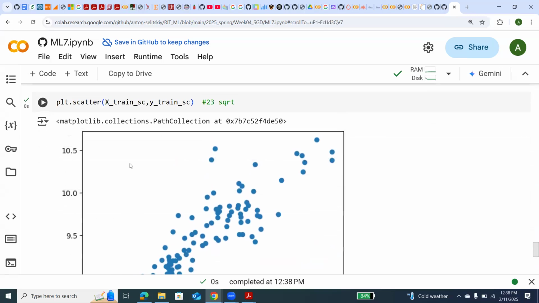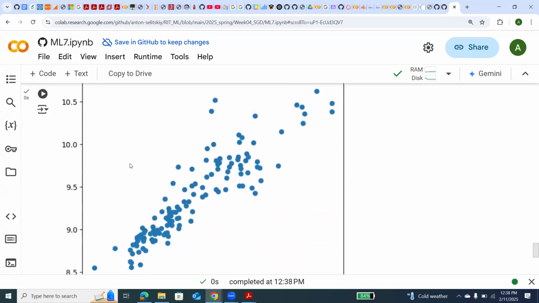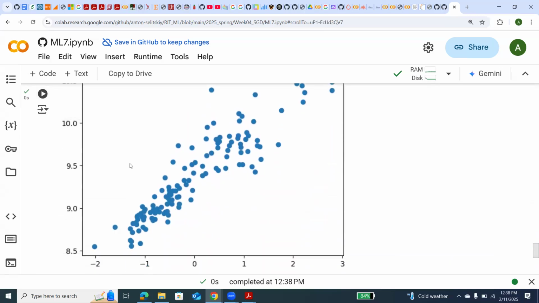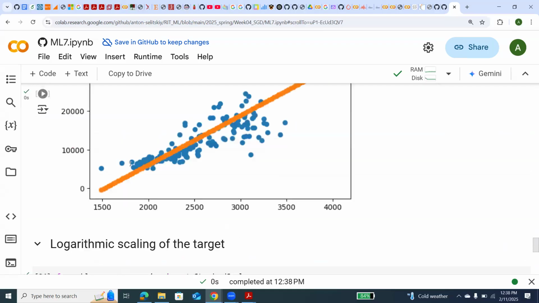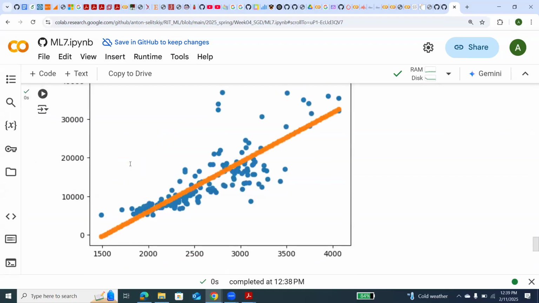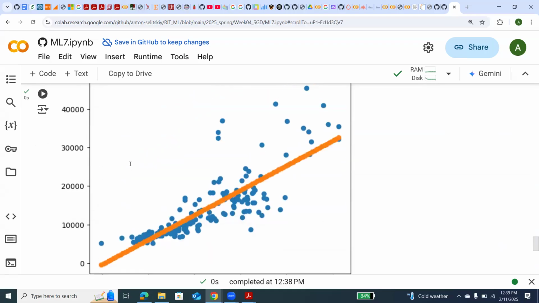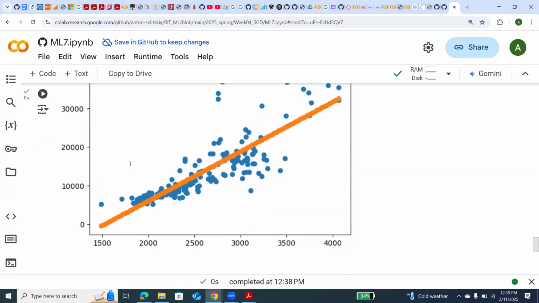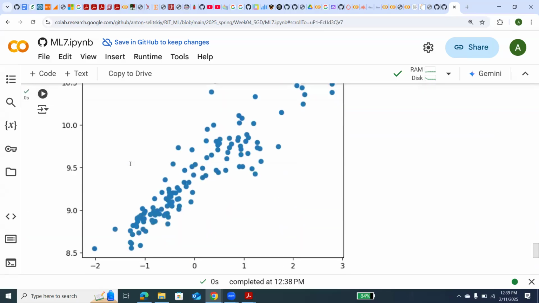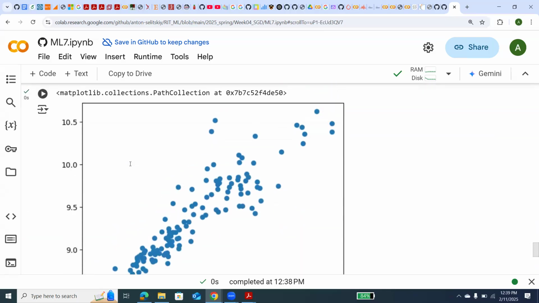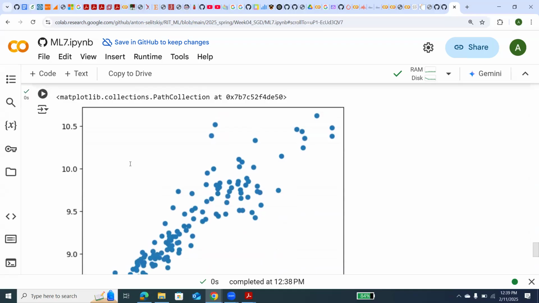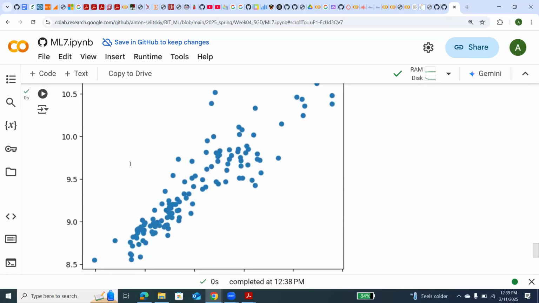You can see that after scaling, it has this kind of quadratic shape now, and we have large values in the target here, the price. After applying log, the values are much lower because, as you remember, the log function goes below the function y equals x.